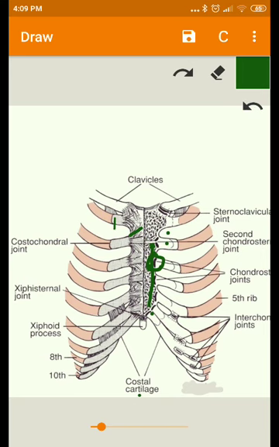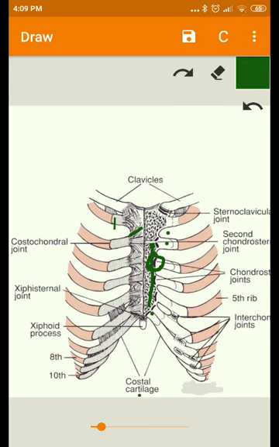And the next joints are the interchondral joints. These interchondral joints are seen from the 5th to 9th costal cartilages. In some books they have given it from the 7th, so nothing is wrong.